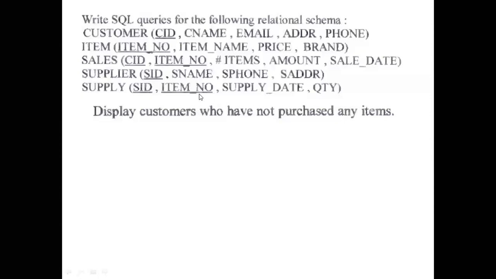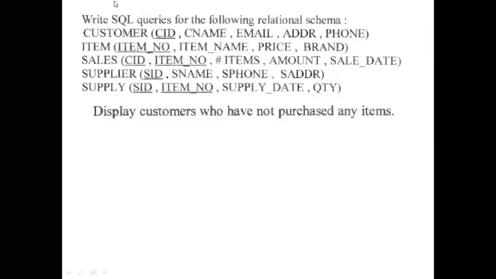So another query. Display customers who have not purchased any items. So we need customers who have not at all purchased any of the items. Now look at the tables where we will get this purchased and not purchased information.